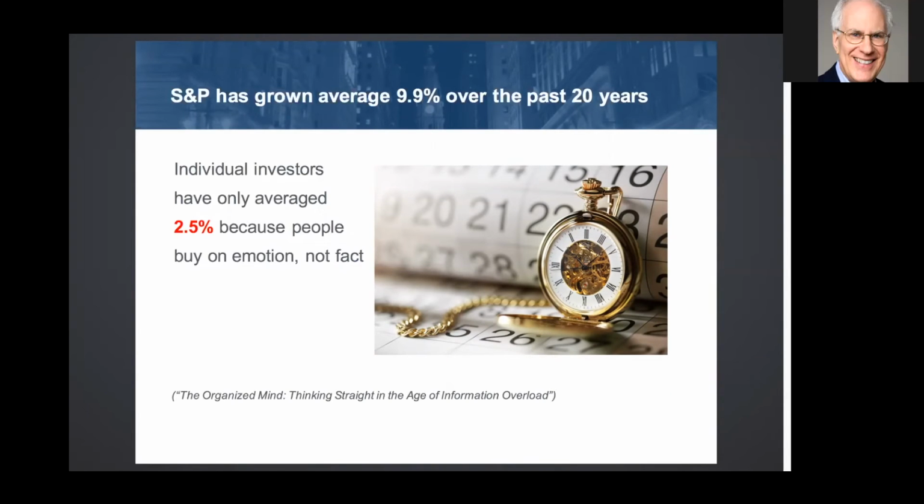The S&P 500 has averaged a 9.9% gain over the last 20 years, average annual gain. Individual investors have only garnered a 2.5% gain. And the reason is that they buy on emotion. They'll buy at the top and sell at the bottom. We've all done that. I'm sure you have. And you're never happy when you do it.